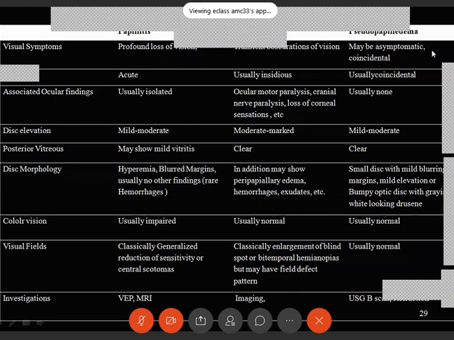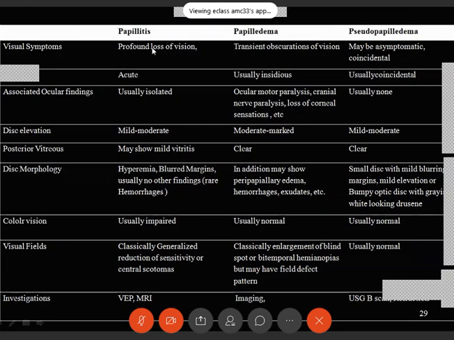Pseudopapilledema may be asymptomatic or coincidental. Onset is acute in papillitis, usually insidious in papilledema, and usually coincidental in pseudopapilledema. Papillitis is usually associated with ocular findings.